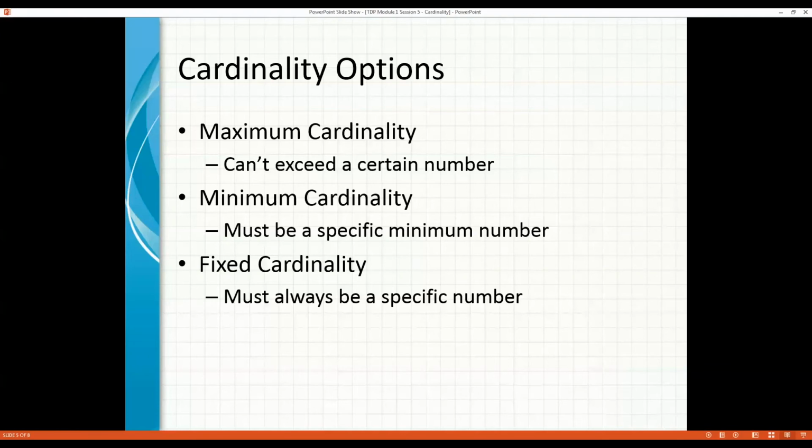So using maximum, minimum, or fixed cardinality limits must have good reasoning behind it, because it takes away that flexibility. It takes away that option you have in the data model to be able to use different numbers and display the information accordingly. You're now limiting it to specific numbers and instances that can be happening.